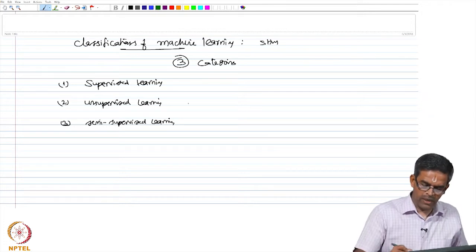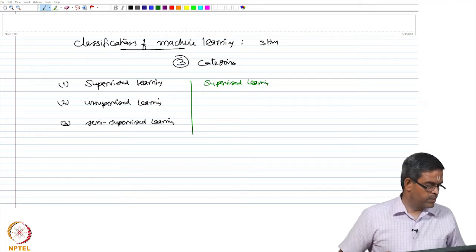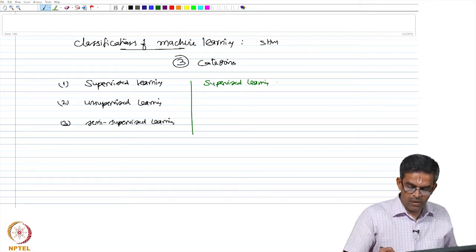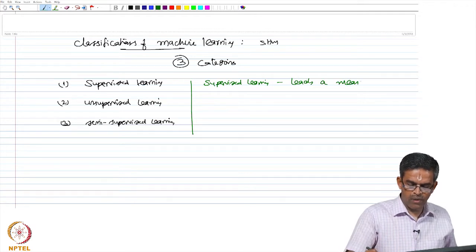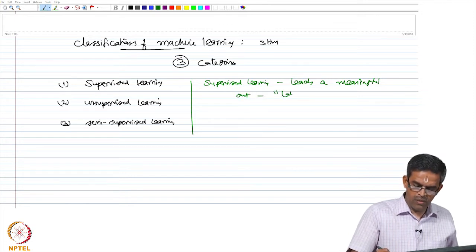Out of all the 3, supervised learning leads to a meaningful output, which is called as labeled data.